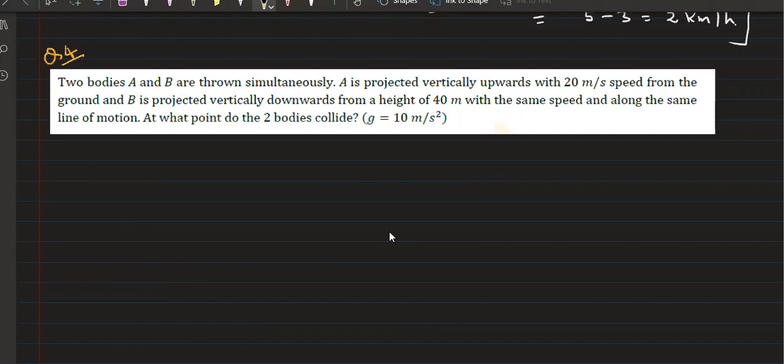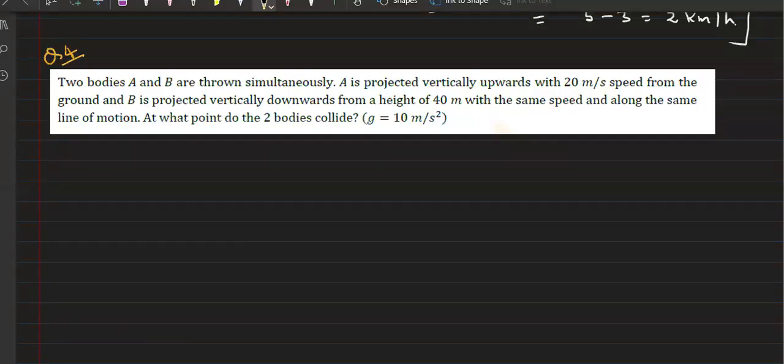Now tell me, just think about this. When you throw two objects, suppose they collide, right? So what can be said about their velocity at the time of collision?